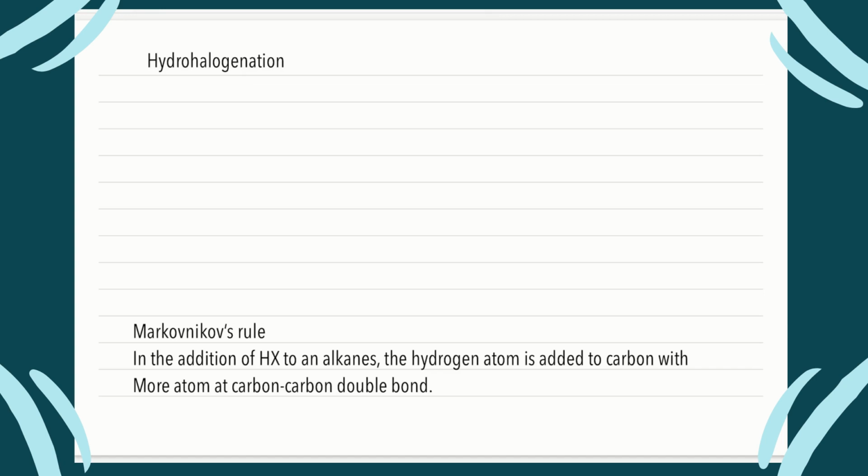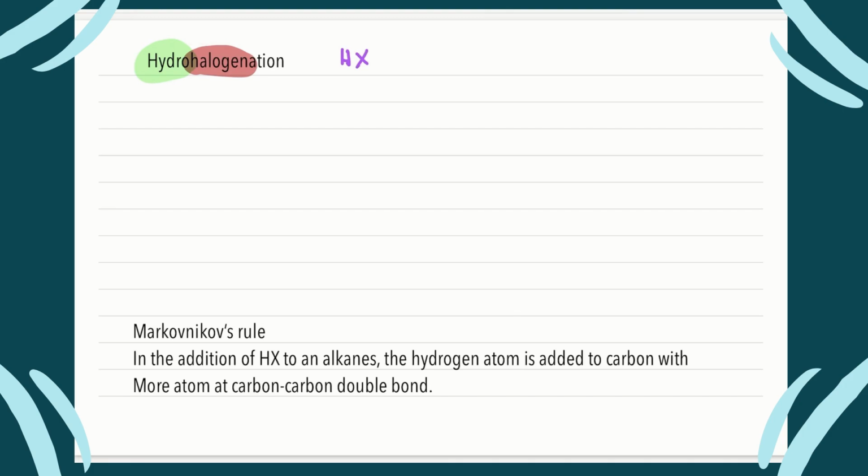So in this video, I would like to explain about the hydrohalogenation reaction in an alkene. Alright, so if we look at the name, hydrohalogenation, hydro means hydrogen, while halogenation means halogen, meaning that this reaction is between H that represents hydro and X that represents halogen.